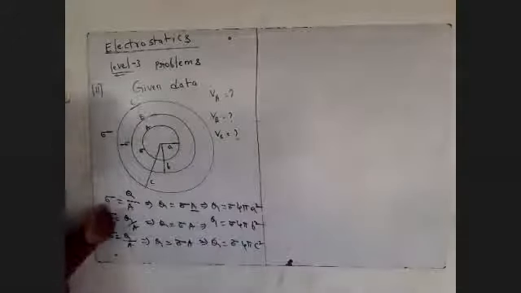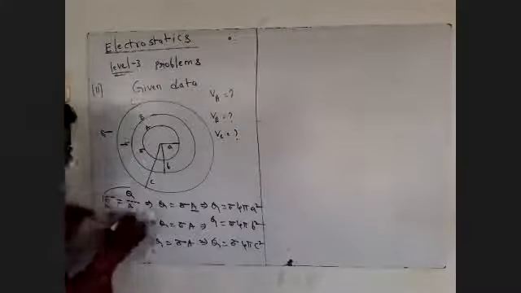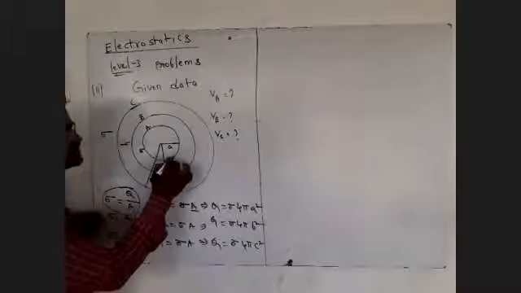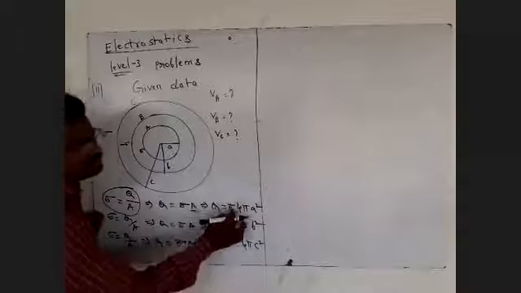Surface charge density is equal to charge by area. Applying this to concentric shell A, Q is equal to sigma 4 pi A square.